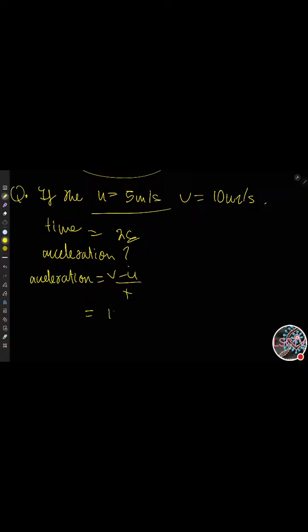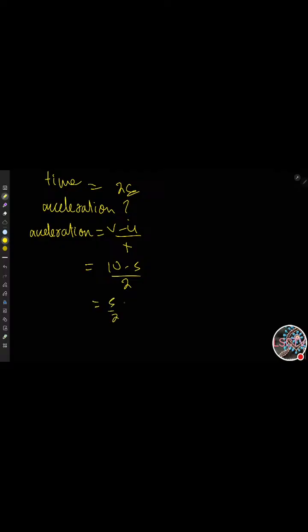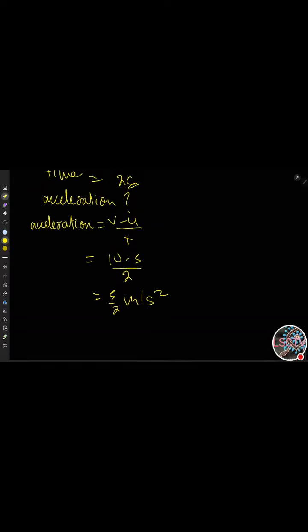Okay, what is v? 10 minus 5 by 2. 5 by 2 meter per second square. Okay. This is pretty simple, okay?